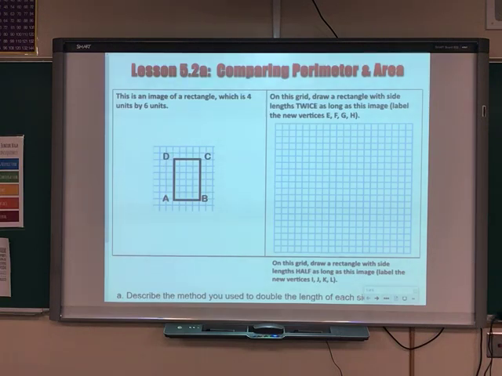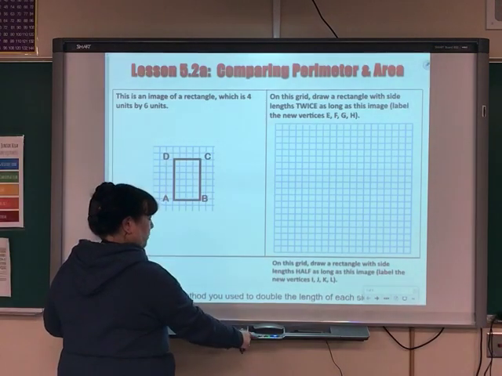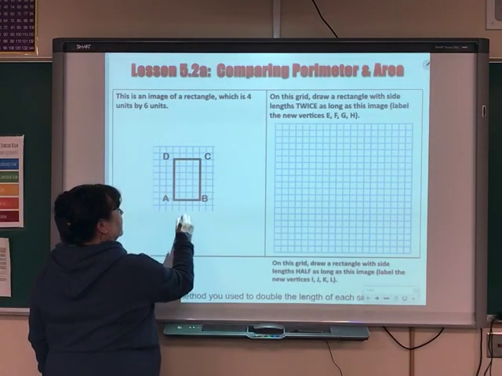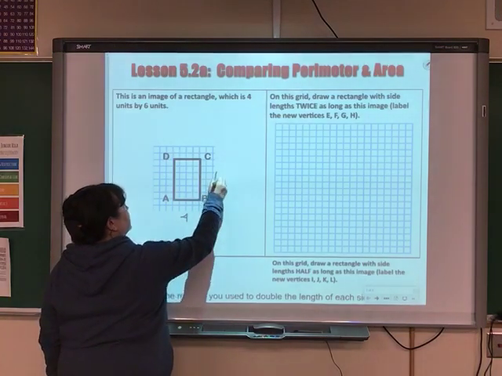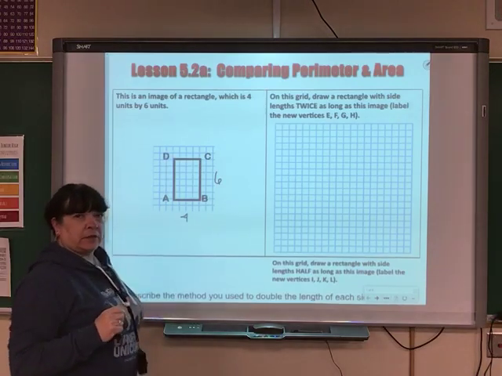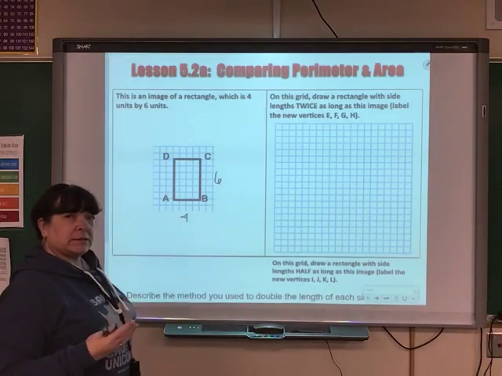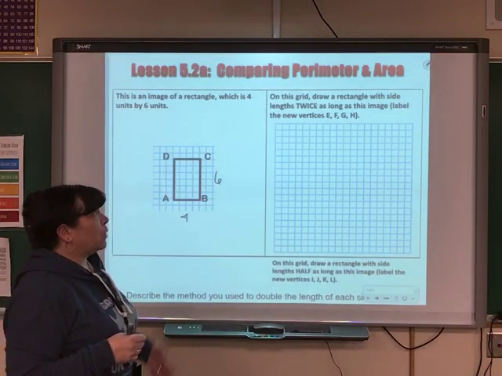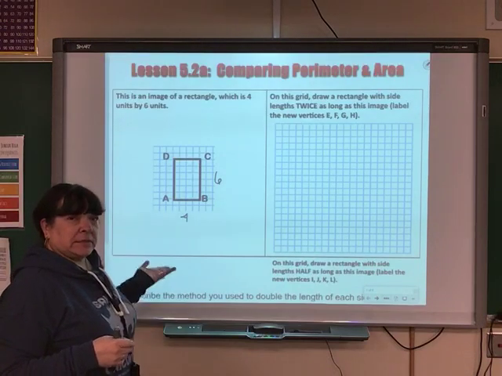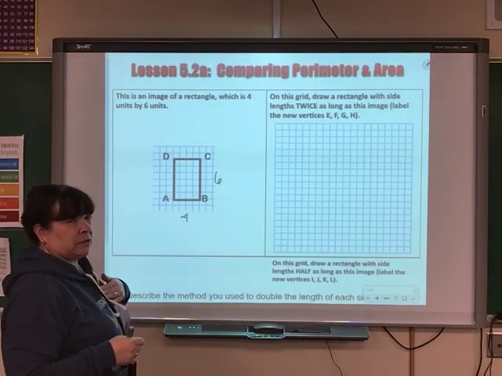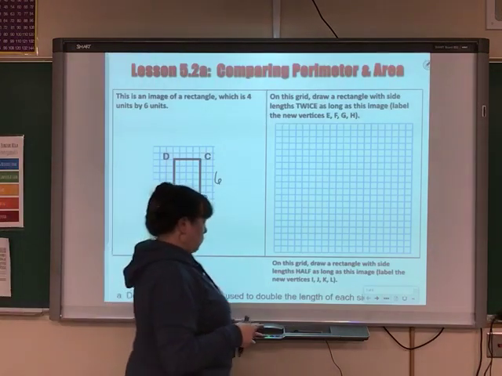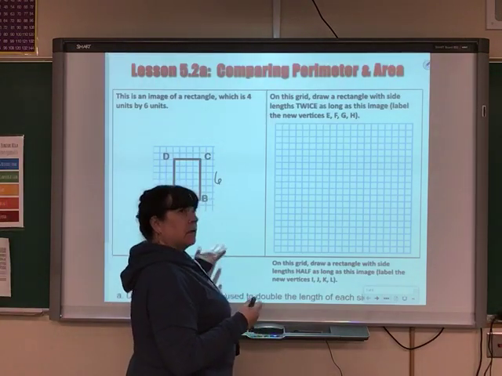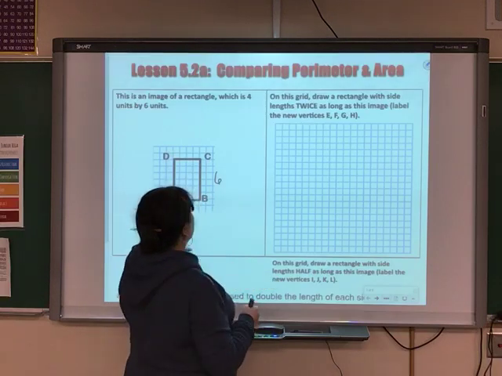So when we talk about this, we can notice that this original one, as I said, is 4 across and 6 vertically. That means I want something that's doubled that. Well, twice as long means multiply everything by 2. And when we multiply everything by 2, we are going to have a bigger rectangle.